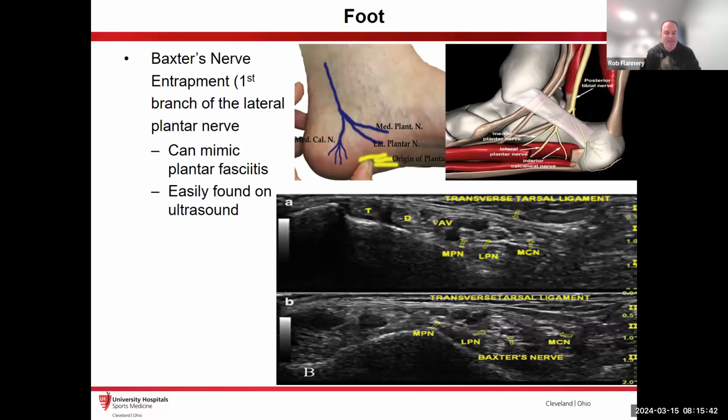It's easily found, and easily depends on the quality of your ultrasound, but you should be able to find it pretty easily. And if you have any questions about whether or not that's causing your plantar fasciitis, you can certainly do a diagnostic nerve block and see how much relief they get. Usually they get pretty good relief if it is.